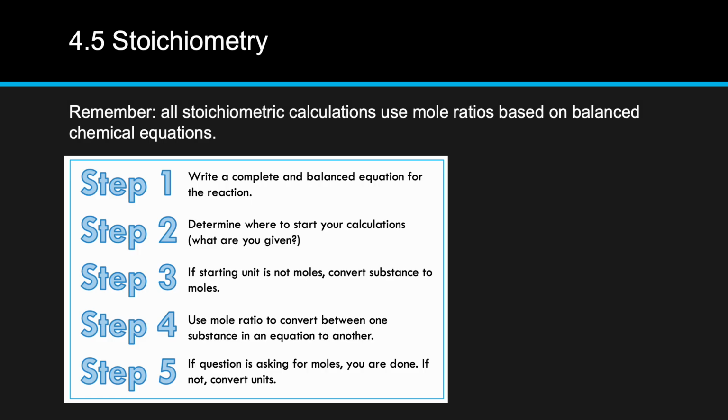If you were given moles to begin with, then you can go ahead and plug in your mole ratio. So the mole ratio is the conversion factor you're using to go from one substance to another using the mole ratio from the balanced chemical equation. And then finally, if you need to convert beyond that to a different unit, you would go ahead and do that.